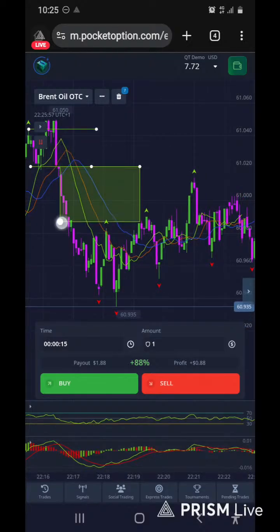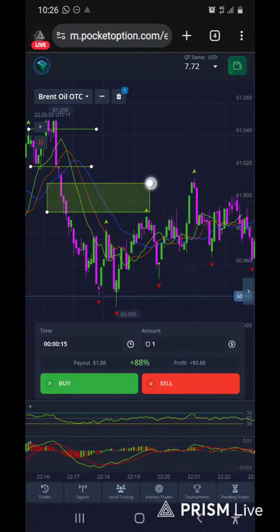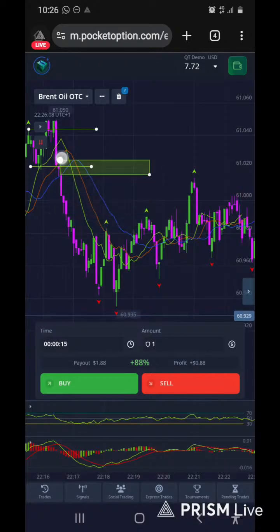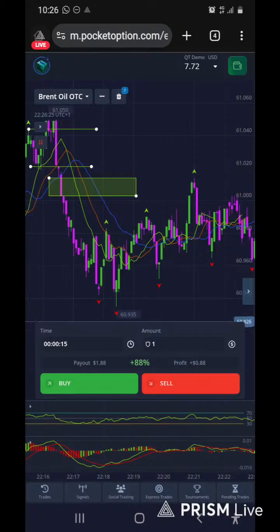So check if sometimes it happens downside. So let's see this one here. Now in the second movement it happened.